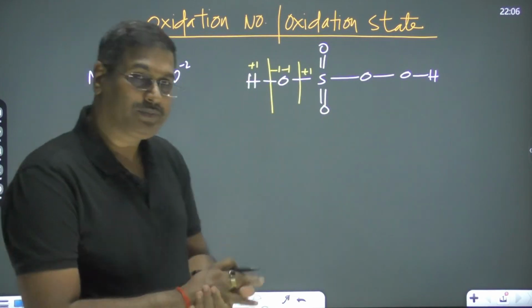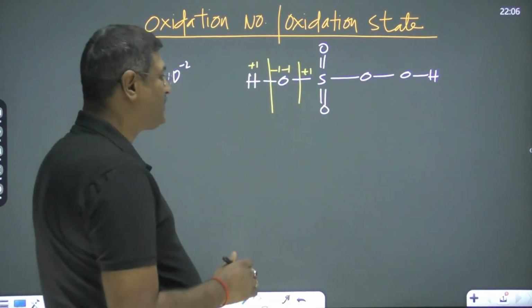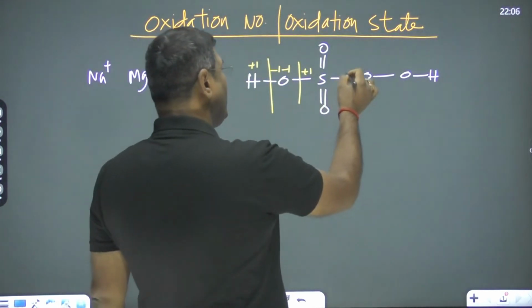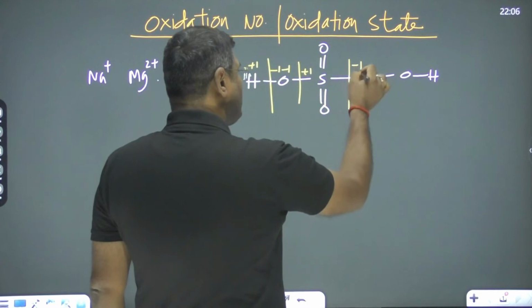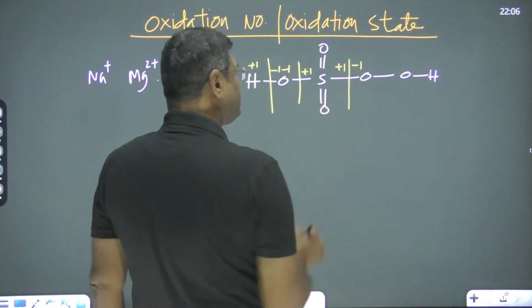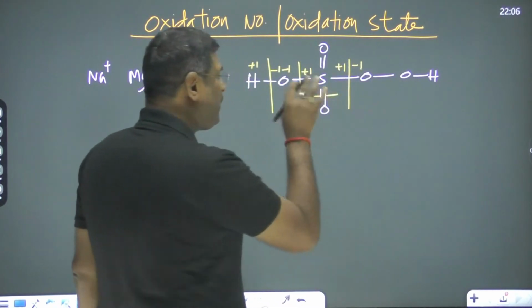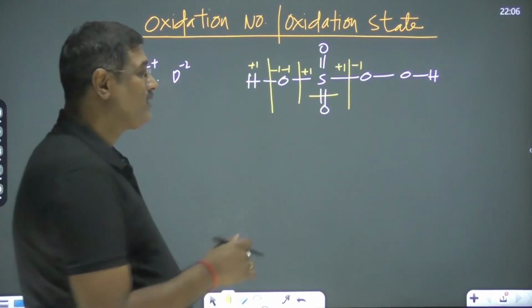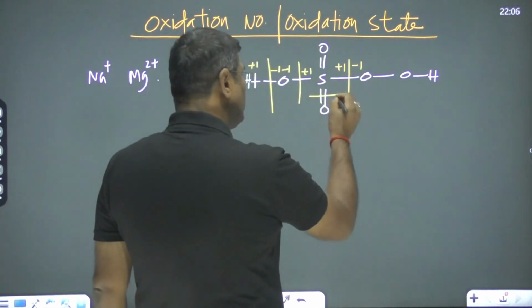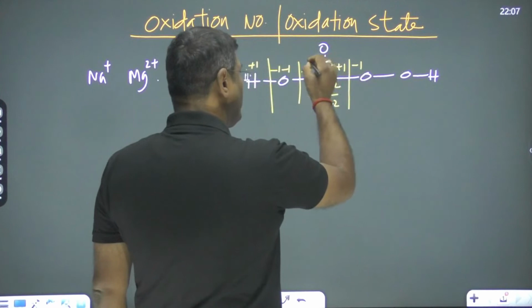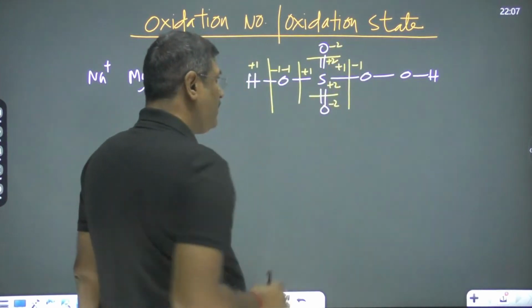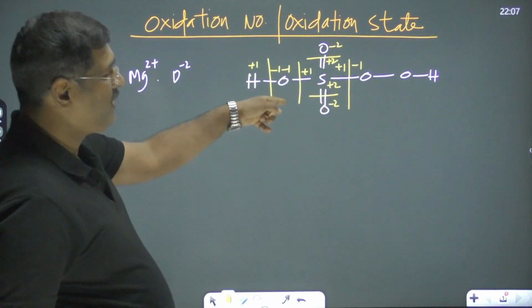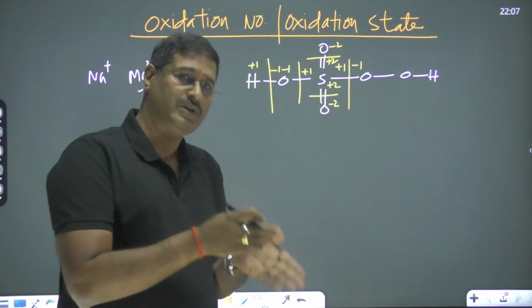What about the sulfur? When we break this bond, as usual, this one will have minus 1 and this will have plus 1. When we break the two bonds with oxygen, there is minus 2 on the oxygen and plus 2 on the sulfur. One bond we break, minus 1, plus 1.